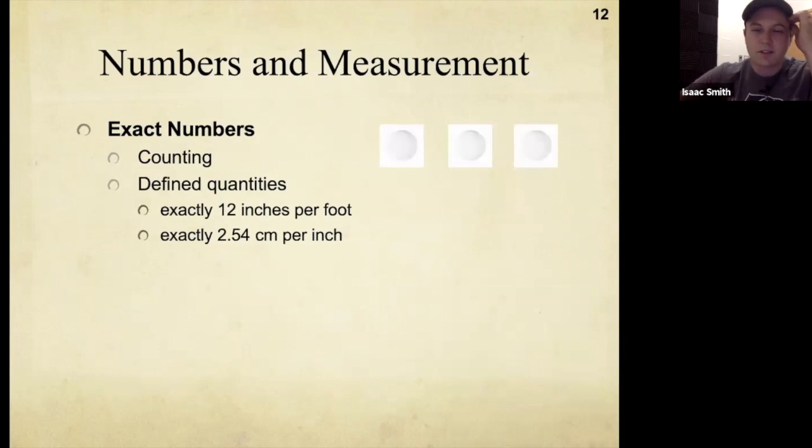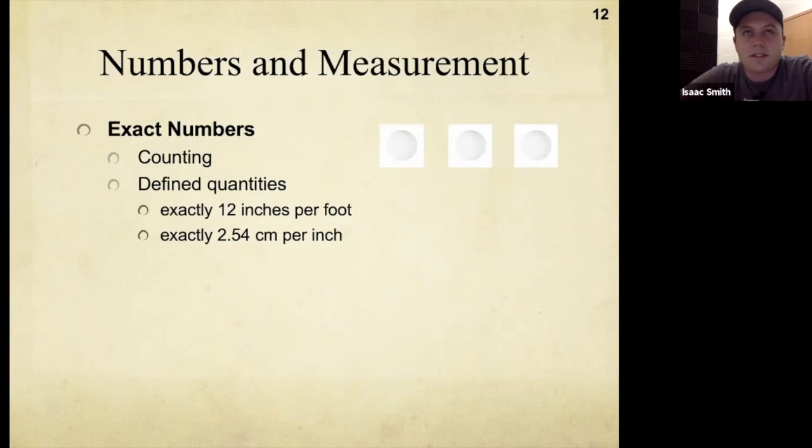So 2 terms that you'll hear me say as we go through the lectures is exact numbers. That's one term. And those are numbers that are defined or exact, okay? So counting, like I said, that's an exact number. Defined quantities, 12 inches per foot. By definition, 1 foot is 12 inches, okay? By definition, 2.54 centimeters is an inch, okay?